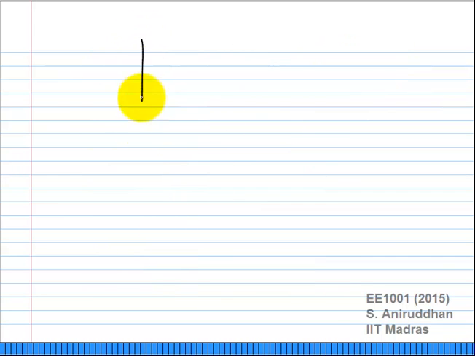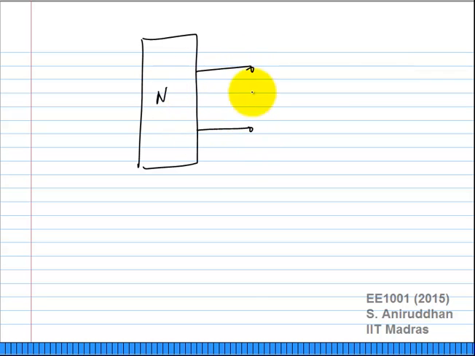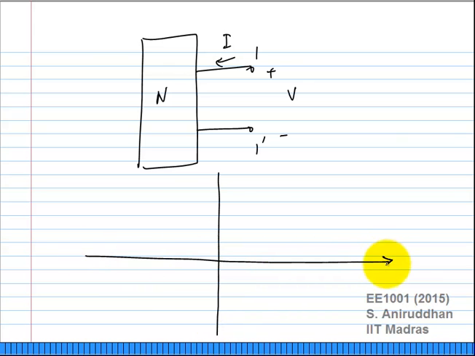I have a one-port network, 1 prime. It consists of resistors and control sources. This is V and this is I. I want to plot I versus V. What will this look like?